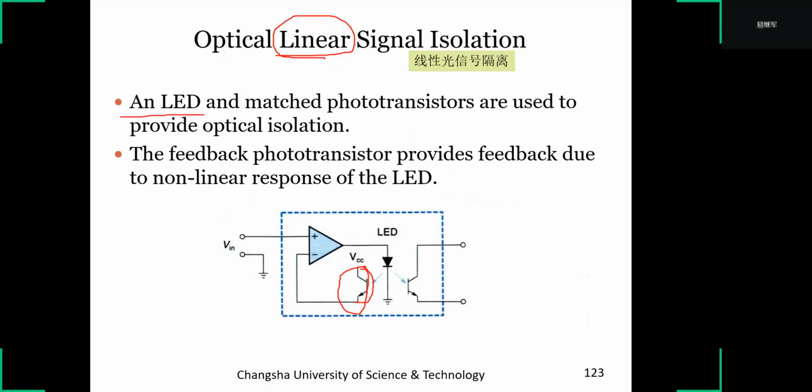An LED and a matched photo transistor are used to provide the optical isolation. This is the LED. This is the photo transistor.